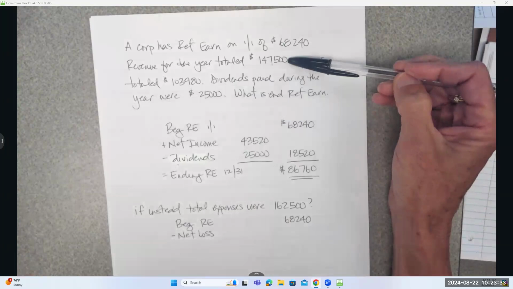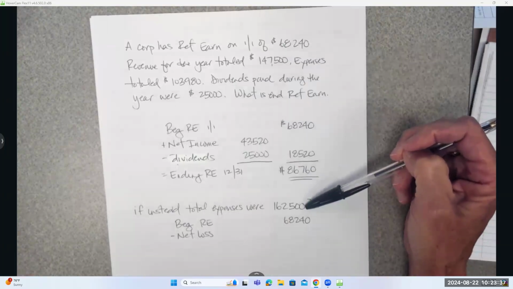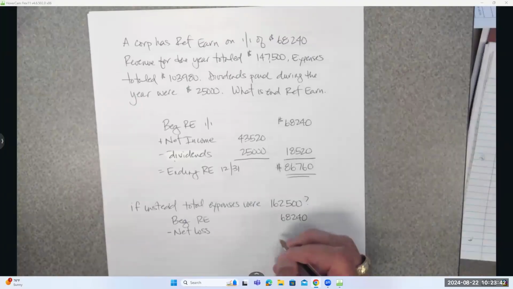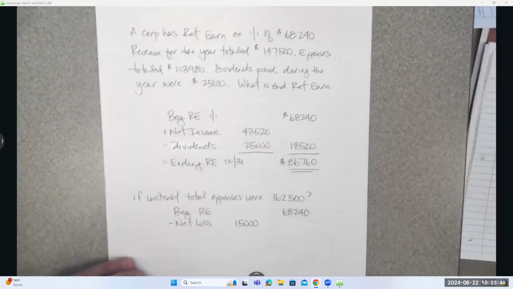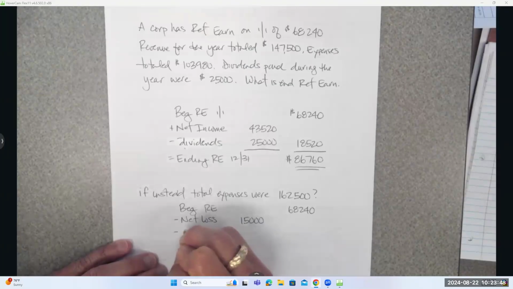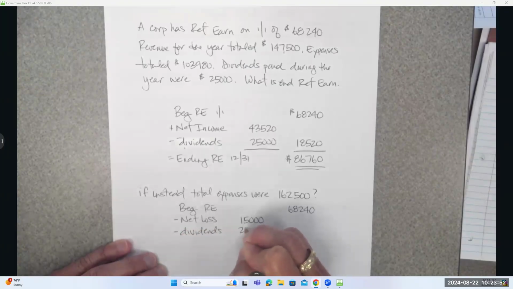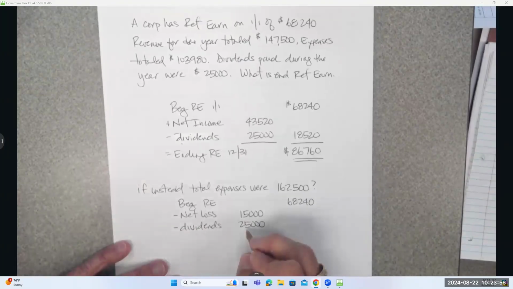So we'd have 147,500 of revenue, but instead minus 162,500 of expenses, we would have a net loss of 15,000 and a decrease of dividends of 25,000 because that's the only thing that changed.